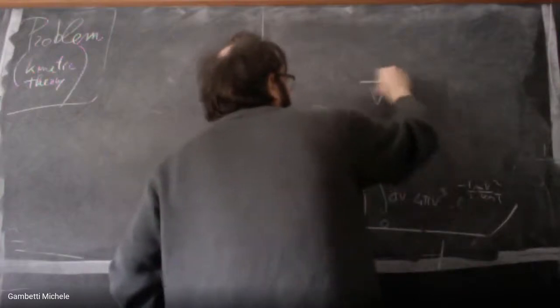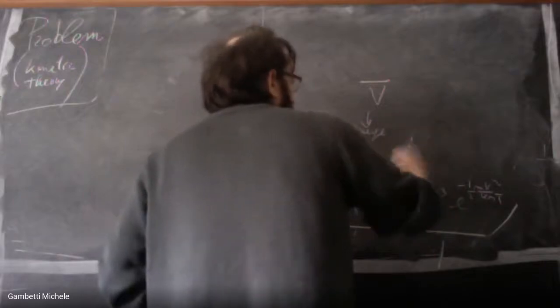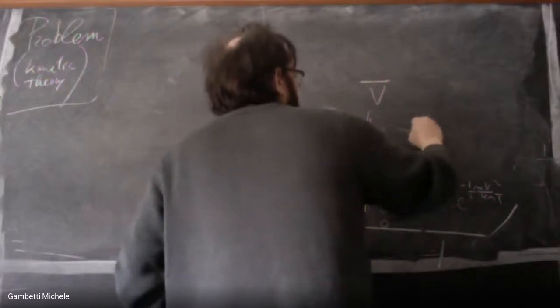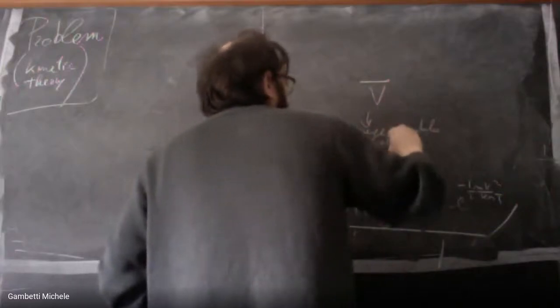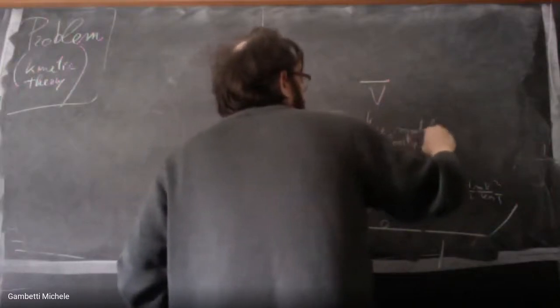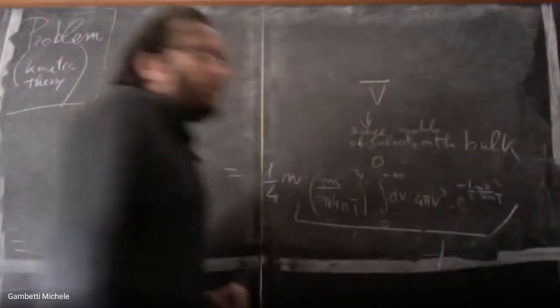So this is just the average modulus of velocity in the bulk. What does in the bulk mean?